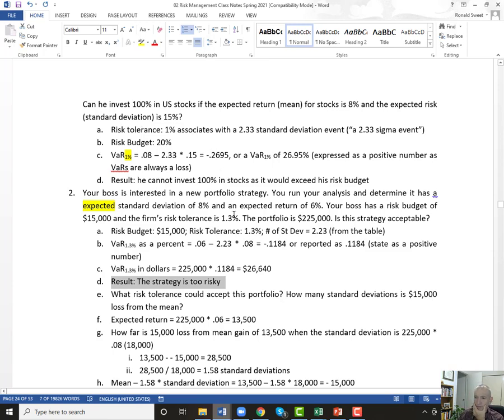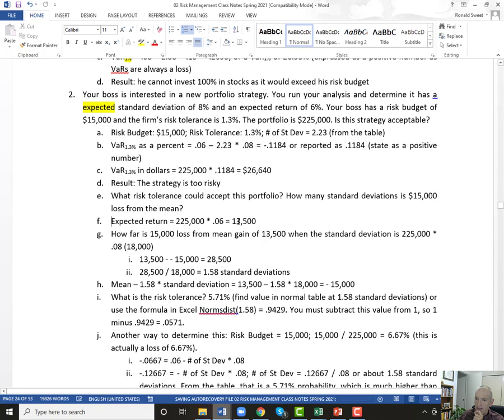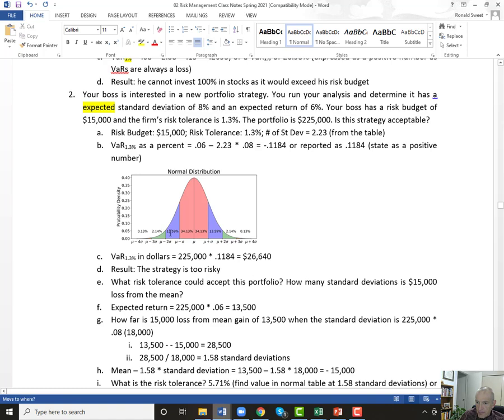Now, what if our risk tolerance wasn't 1%? What if it was 2% or 3%? Then would it be okay? So then we say, okay, what risk tolerance could accept this portfolio? How many standard deviations is that 15,000 loss from the mean? Well, we have a $225,000 portfolio.